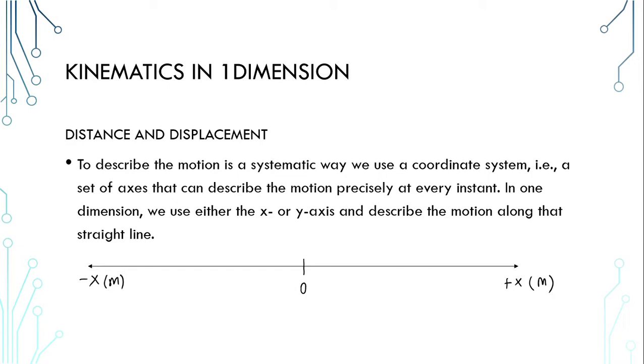Generally, using what we learned from math, we use, say, a horizontal axis in which we label one point as being the origin, and we choose one direction to be positive and one direction to be negative. Following the mathematical notation of the real number line, we're going to choose moving to the right to be positive and moving to the left to be negative, as in the picture here.